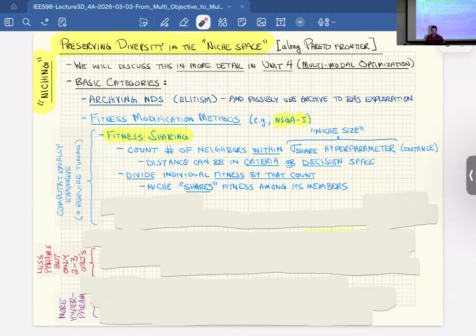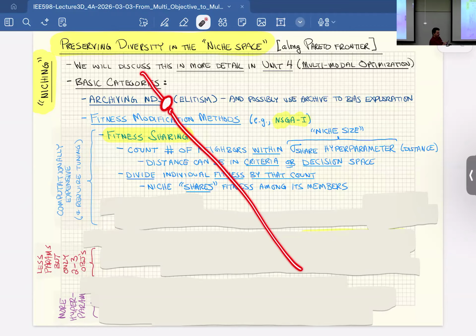Based on that, you divide your fitness by that number, assuming the rest of those will have similar fitness to you and will also be divided by that number. So if you've got 3 individuals all in roughly the same space, we treat them as one entity that receives the fitness, and then it gets split 3 ways among them.